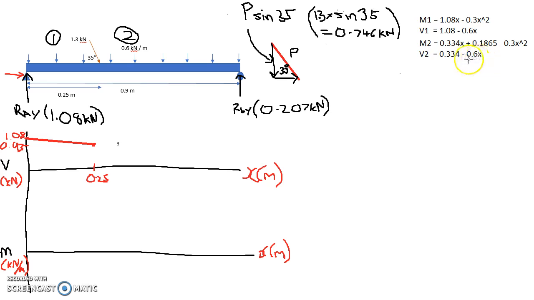Here's my expression for segment 2. Again, I'm going to plug in the start of the segment, which is at the same value that the last one ended. This works from 0.25 onwards. So let's plug in 0.25 to see where V2 actually starts.